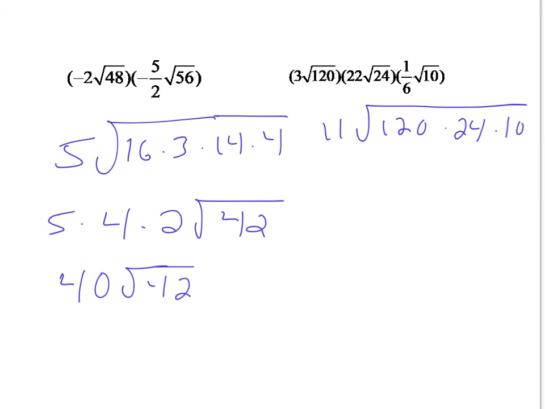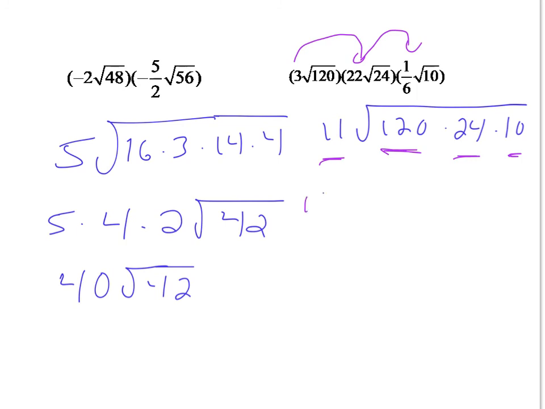Let's look at this guy, and I didn't write this one out yet because I think we need to do it together. 3 times 22 is 66. 66 times 1 sixth is 11. And then I still have inside the radical 120 times 24 times 10. Let's break these up into some numbers that are helpful to us.